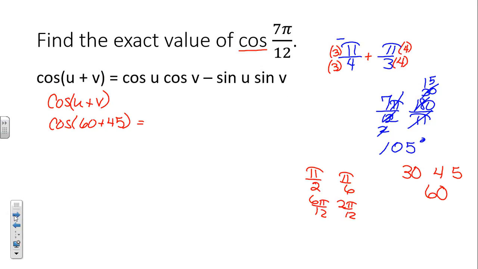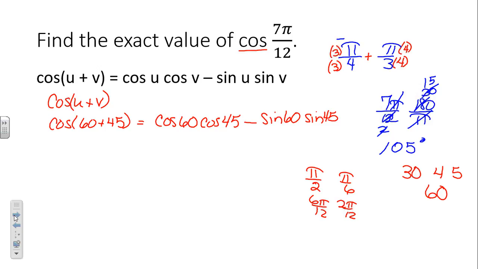So our formula says, okay, this is the bossy one, right? That wants their fair share first. So we're going to take the cosine of 60 times the cosine of 45, and then we change the sign in the middle, and we do the sine of 60 times the sine of 45. Okay?